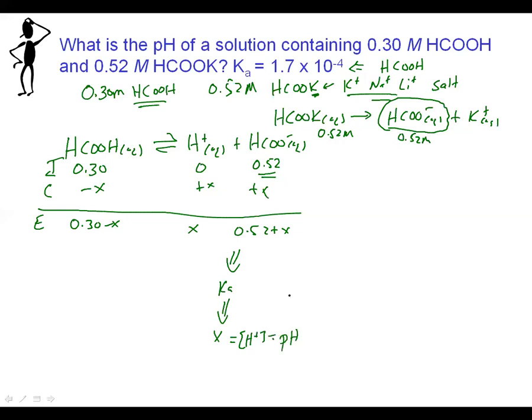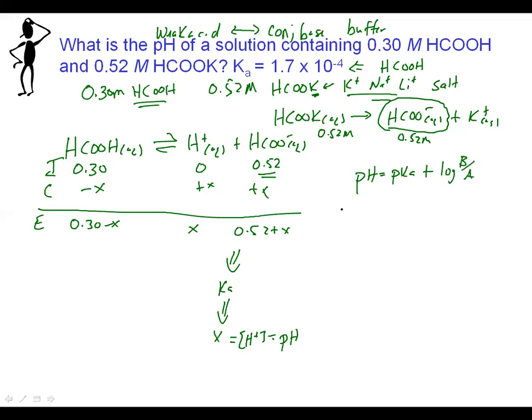But if you recognize that these two things are related to each other, essentially what we have is a weak acid and its conjugate base, which, as we'll talk about later in this chapter, is essentially a buffer and a common ion. So you could go directly into the Henderson-Hasselbalch equation without doing the ICE table.